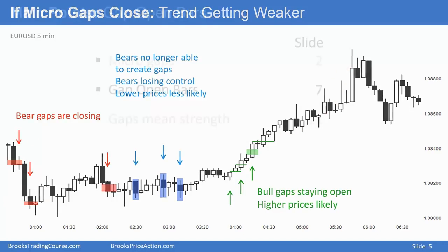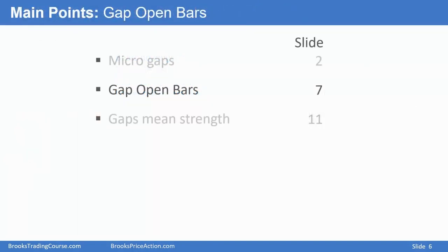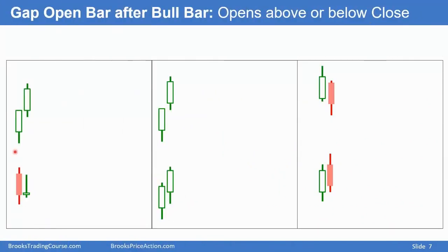If the open of a bar is above or below the close of the prior bar, I call it a gap open bar. Look at this open and that close. They're at the same price. There's no gap. Here's the close of this bar, and the open of that following bar is exactly at the same price.